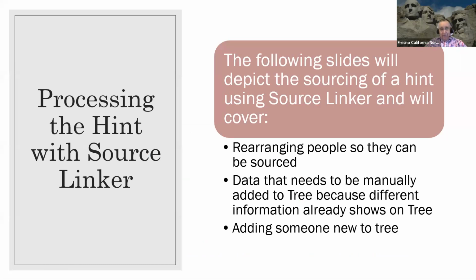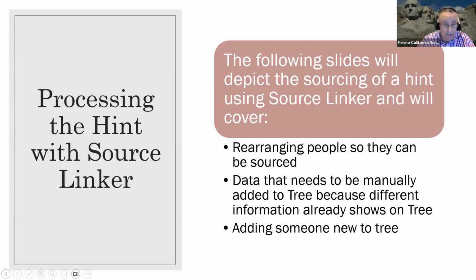So I picked two examples to do tonight, and then we'll be done. And they're both sources where we have to do some rearranging and changing of things. Okay, the data might need to be manually added to the tree, and we'll talk about that. And we'll see some people being added into the tree from these sources.